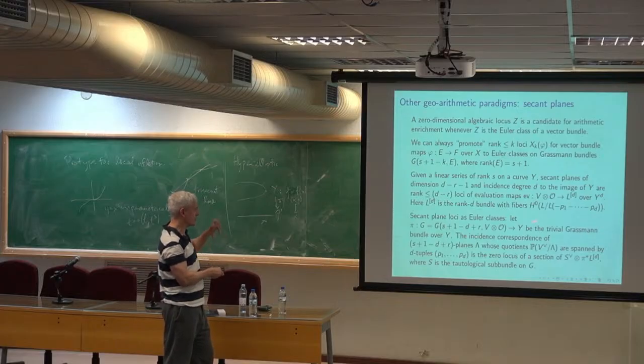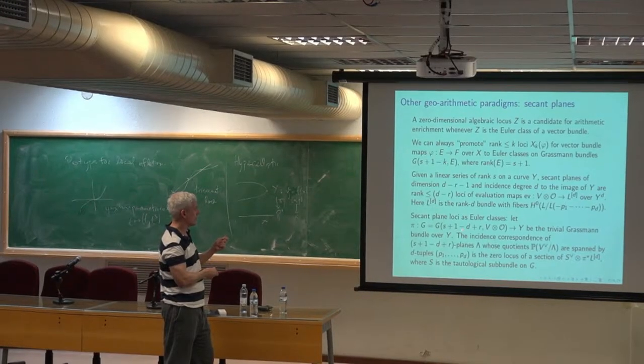And then there's a way to promote this description to an Euler class associated with a bundle over a Grassmann bundle over, I think this should actually be y to the d.